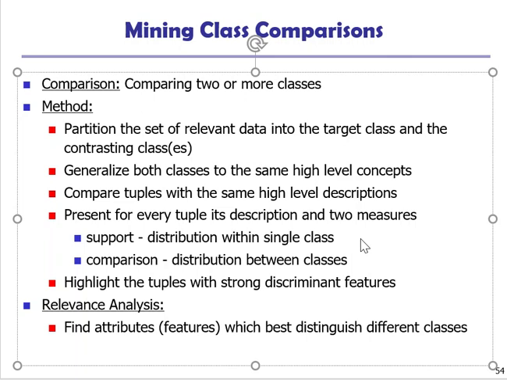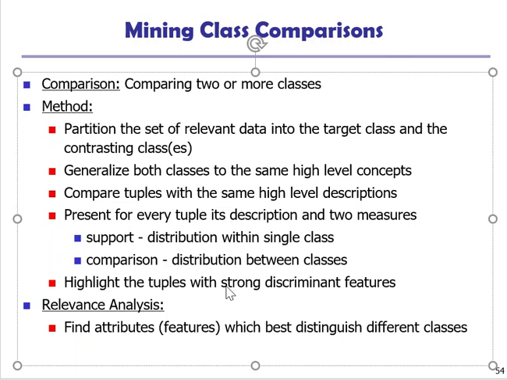And we can have the percentage count for the other class as a comparison. Even better, in terms of presentation to the end user, we can highlight the tuples with the strongest discriminant features.